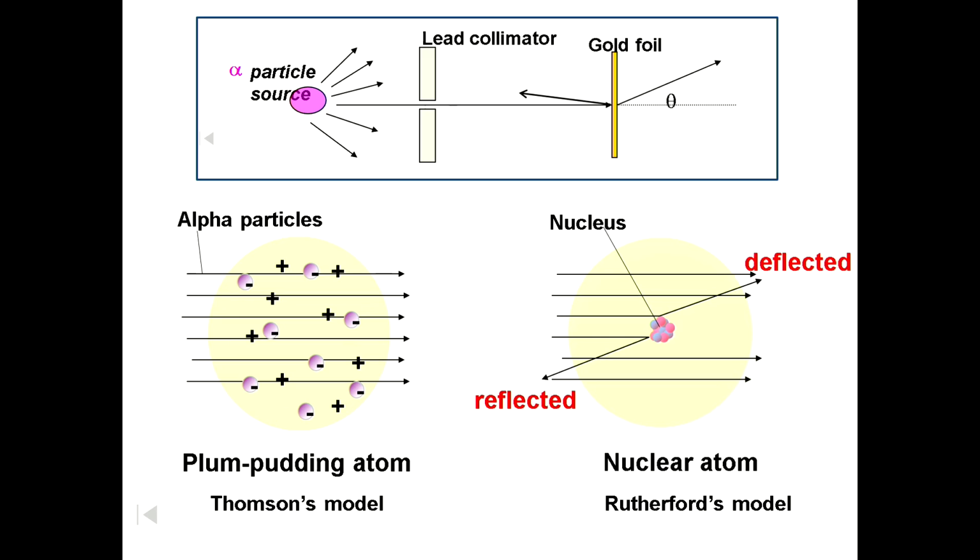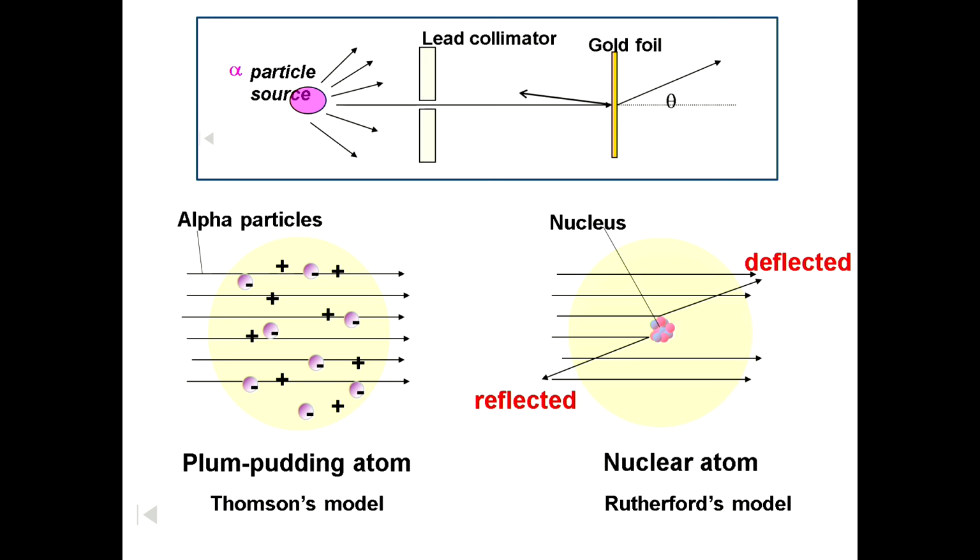So using this model, we can explain the results of this experiment. When the particles hit the nucleus, they will be reflected. If they don't hit the center, they will just go through the atom.